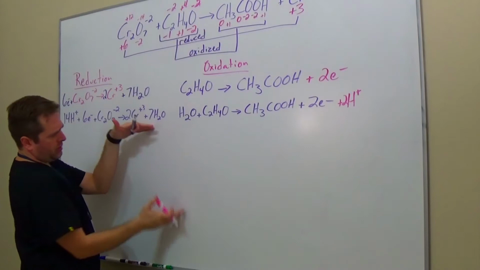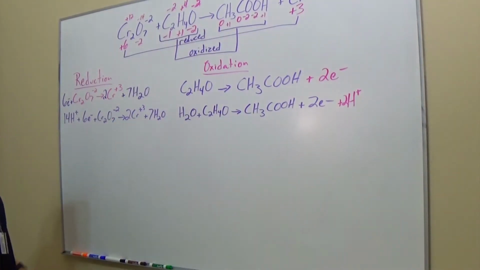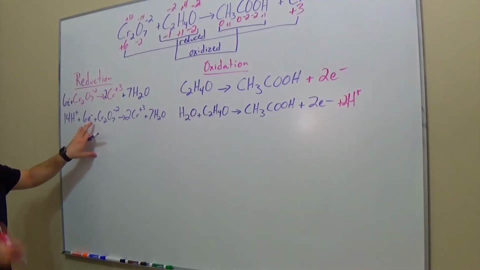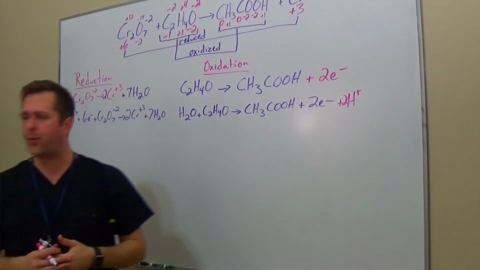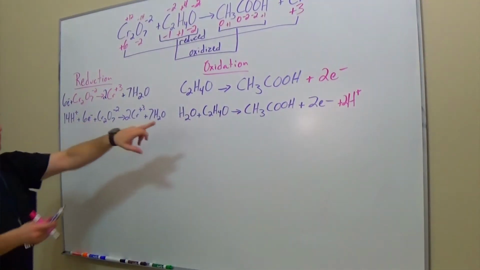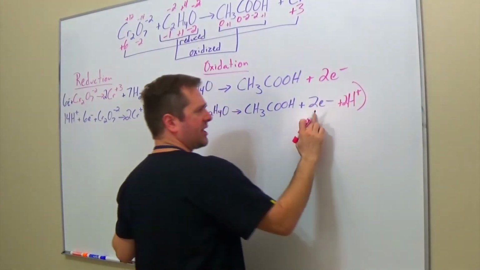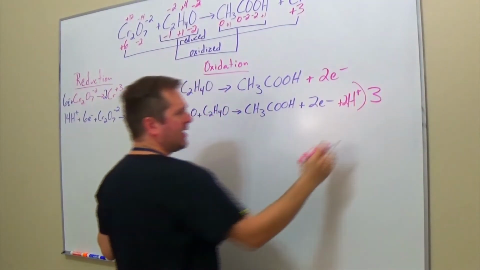Now, in order to have some economy of space here on the board, let's just go ahead and look at our electrons and figure out the lowest common multiple. Here we have 2 electrons, here we have 6. We can easily turn this into 6 electrons by multiplying the whole thing by 3.